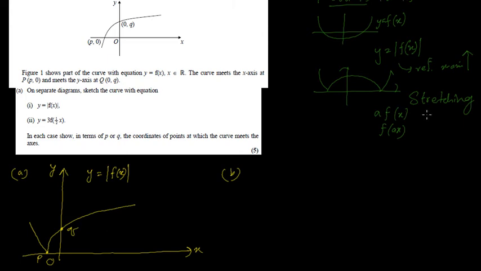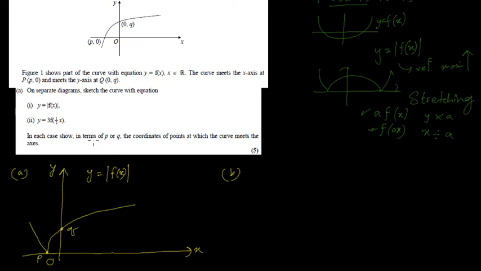So you multiply the y coordinate with a and the x remains unchanged. Here you divide the x coordinate with a. So that's what you have to remember. For this, it is stretching, and this is a different type of stretching. You're actually compressing, you're dividing with a.